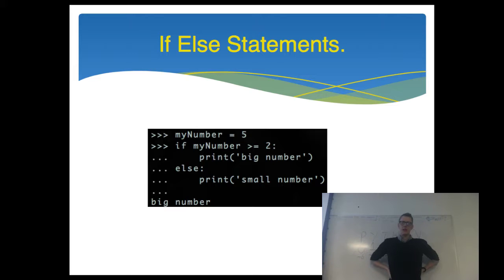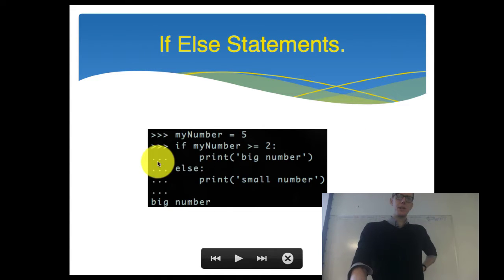We know that this is going to evaluate to true or false because we have this greater than or equals to sign in the middle of it. So my number greater than or equal to 2. We know that's going to be true if our number is greater than or equal to 2 and false if it isn't. We then have this colon at the end of the line, which is very important. Colon, new line, indentation.